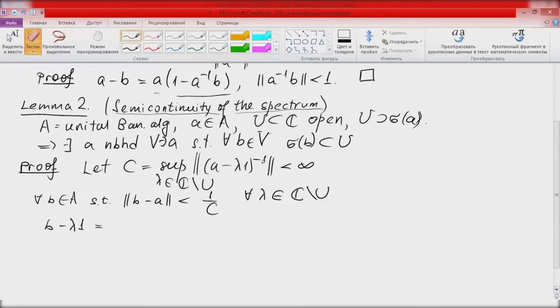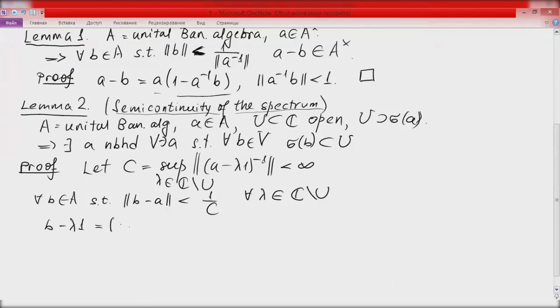So B minus lambda is A minus lambda plus B minus A. Okay, so A minus lambda is invertible because lambda is not in U, and moreover, it is not in the spectrum of A. And the norm of B minus A is less than 1 over C, and by the definition of C, this is less than or equal to the norm of A minus lambda inverse.